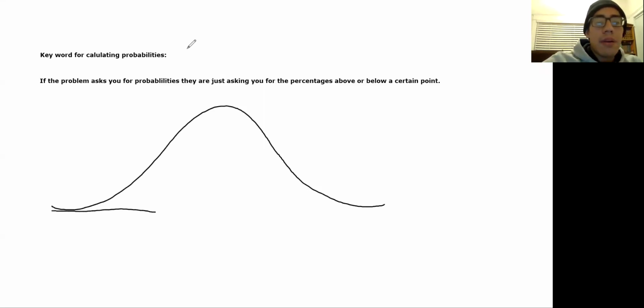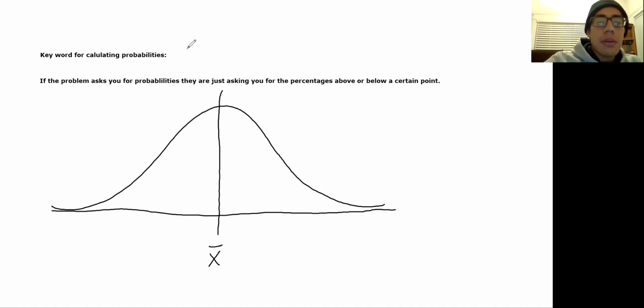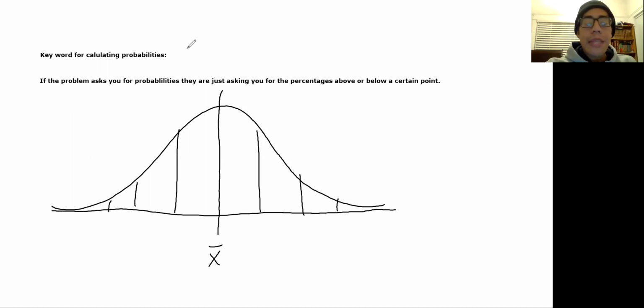Okay, better. I'm gonna draw this curve really fast. 1, 2, and 3. Let's say that they ask you for the probabilities, let's say they give you a point.